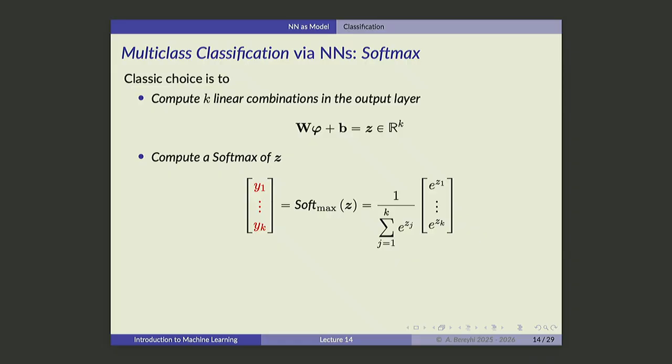Yes? So in the first one where it says K linear combinations in the output layer, does that mean that it's kind of like K separate neurons that do individual linear combinations? No, here, if you use softmax, they are not K separate neurons. You have what we call a vector activation. Because with this softmax, obviously the output for the first one also depends on all the other calculations, right?